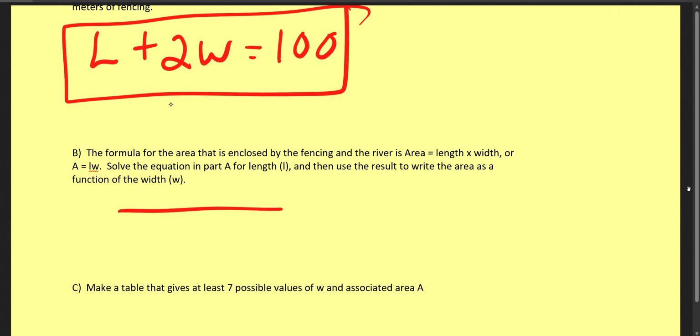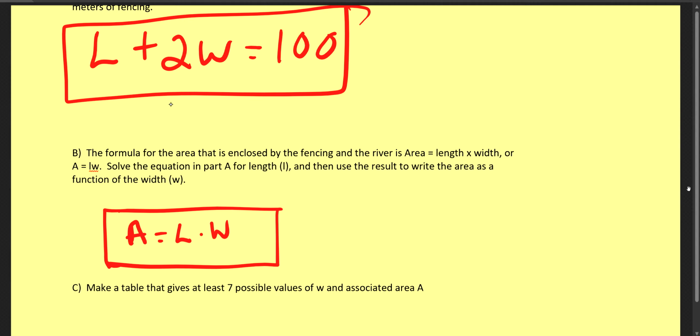Now the area of this rectangular region is the length times the width. Solve the equation in part A for length, and then use the result to write the area as a function of the width W.